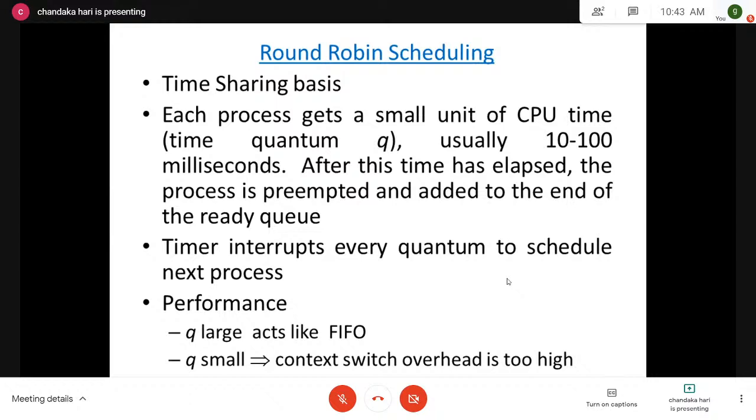This concept is known as context switch. We already saw this in the last class. So if the quantum is small, your round robin algorithm suffers, as most of the time is wasted on context switch overheads.